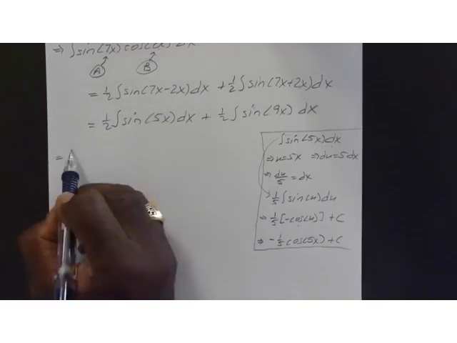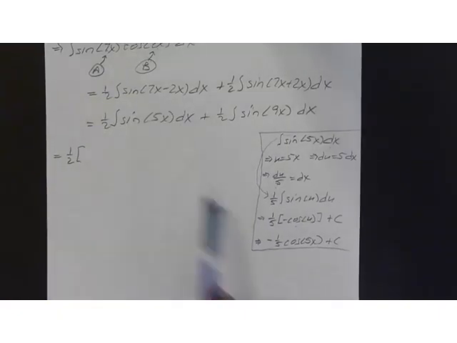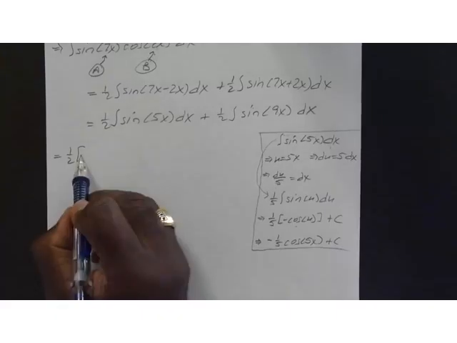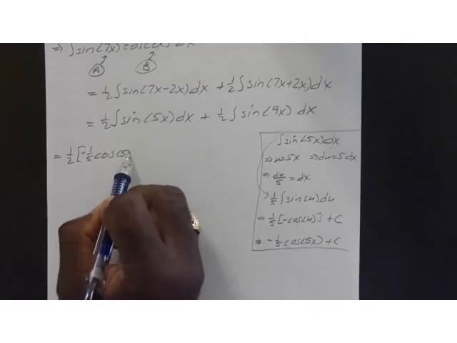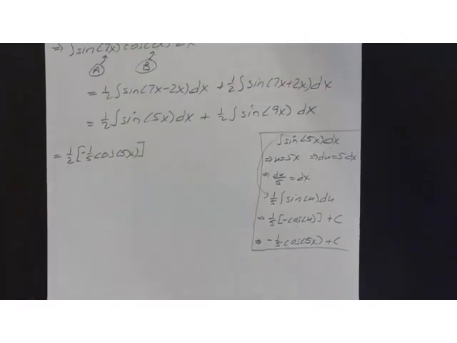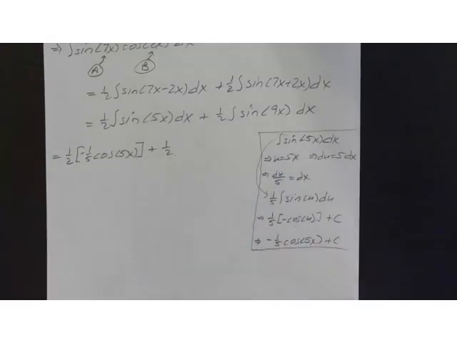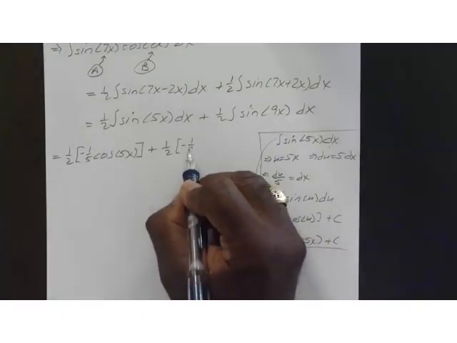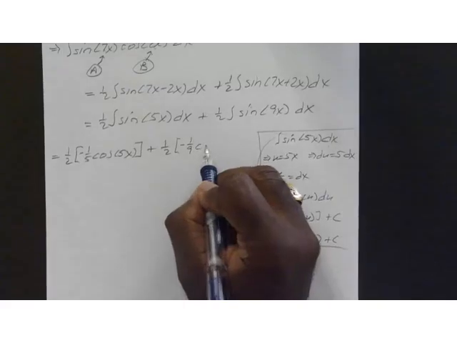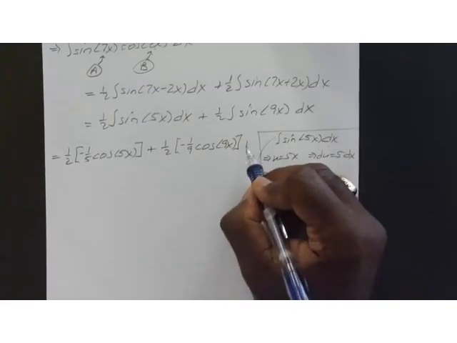So that gives us 1/2 times the integral of sine of 5x, which is negative 1/5 cosine of 5x, plus 1/2, and using the same process for this one, getting negative 1/9 times cosine of 9x plus c.